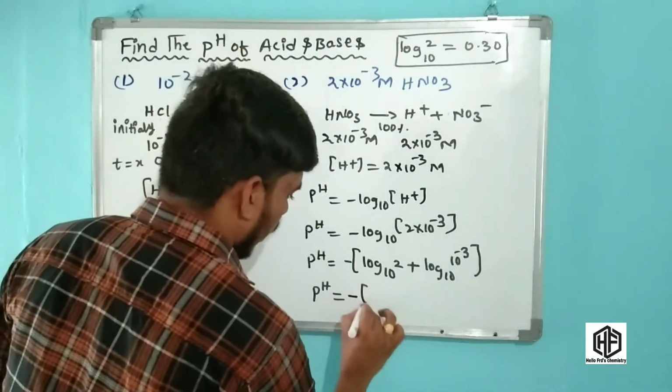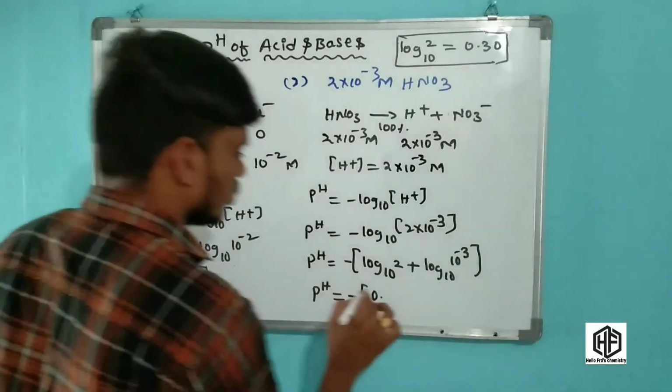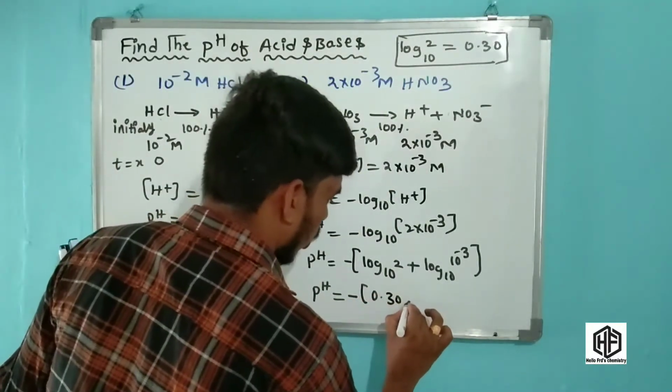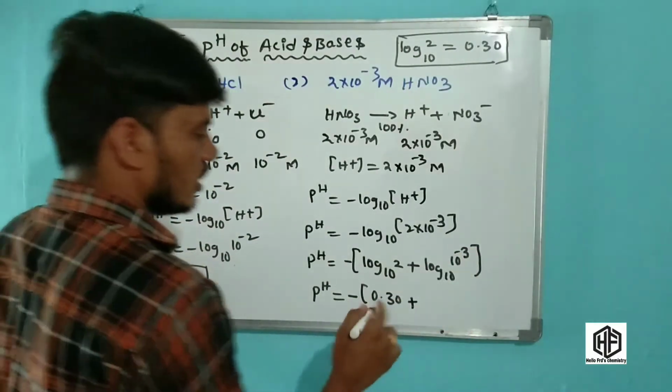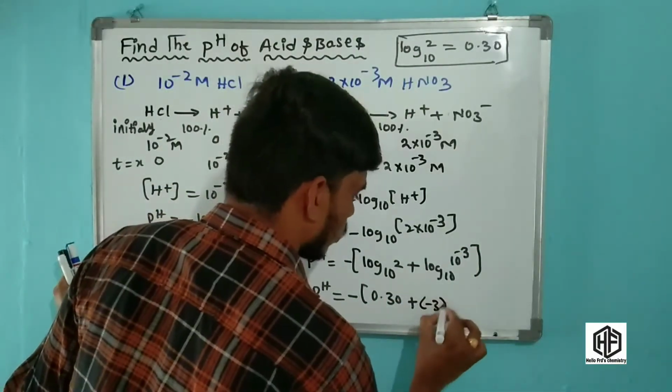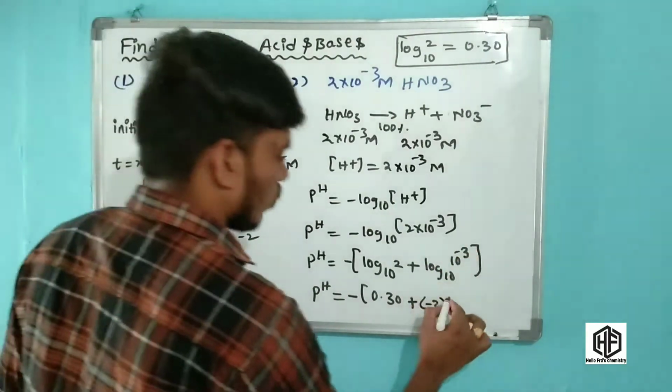Now minus into the log 2 value 0.30, plus log base 10 of 10 to the power of minus 3, which is minus 3 into log base 10 of 10, and the log 10 value is 1.